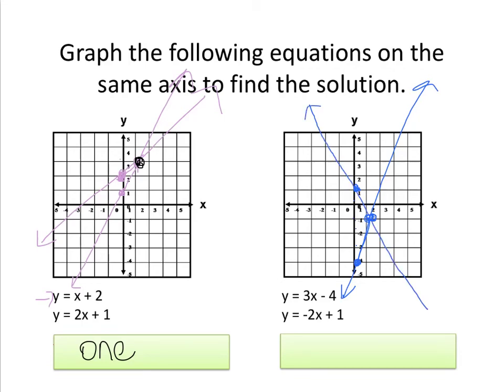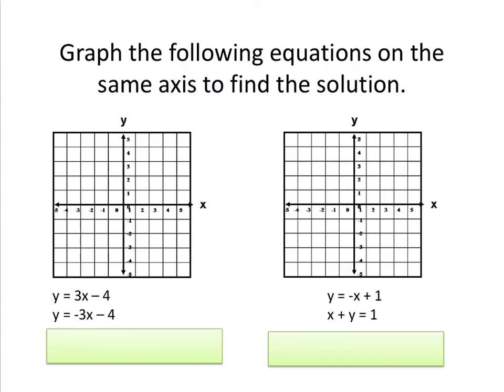I see that here they both intersected at this point, so my answer is one solution. This point right here is 1, negative 1. And I forgot to mention on the first one that this point right here is 1, 3. If there is one solution, you do want to state what it is.